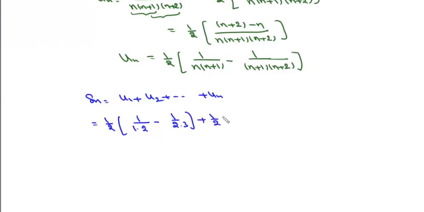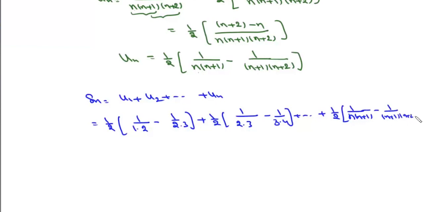Now the second term, the value of n is 2 now, so it will be 1 upon 2 into 3 minus 1 upon 3 into 4, and will continue up to 1 by 2 times 1 upon n plus 1 minus 1 upon n plus 1, n plus 2. Now here these terms will get cancelled, so we can write this Sn as 1 by 2 times 1 by 2 minus 1 upon n plus 1, n plus 2.